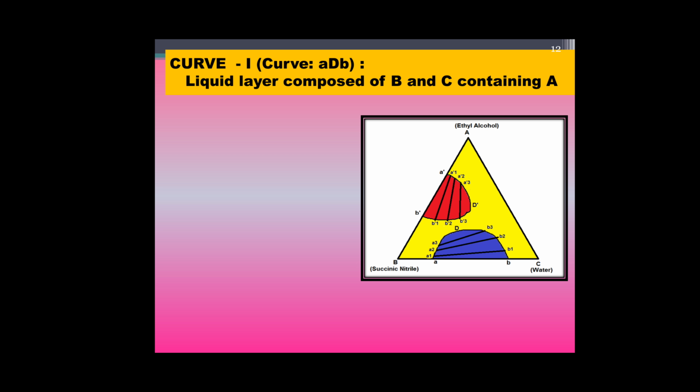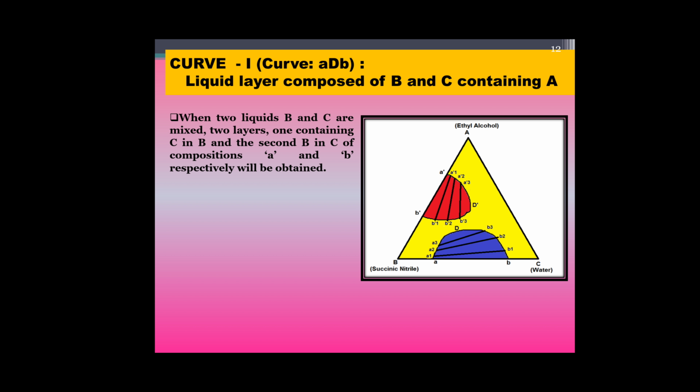In this phase diagram, the curve ADB is indicated by the blue colored portion. This is the curve ADB, for the liquid layers composed of B and C containing A, means the liquids succinic nitrile and water containing ethyl alcohol.